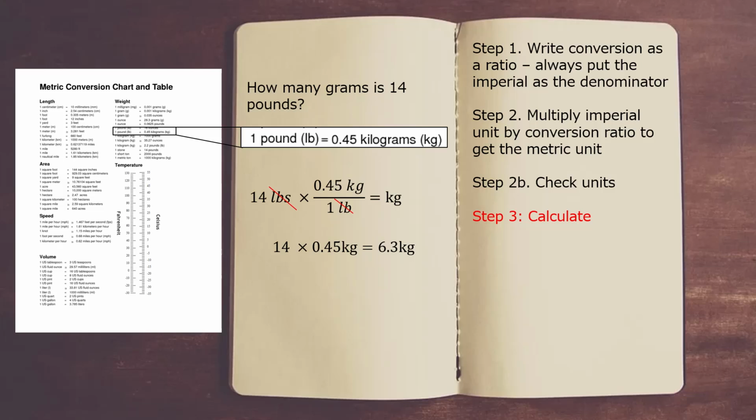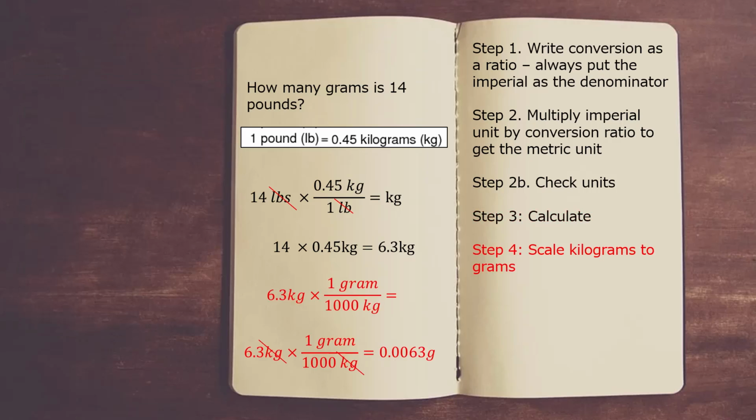Now that our units are correct, we calculate. 14 times 0.45 is 6.3. Now we have the kilograms that we wanted, right? But actually we didn't want kilograms, we wanted grams. Well, converting between those is easy, because a kilogram is just 1,000 grams. So we can use another super easy conversion.